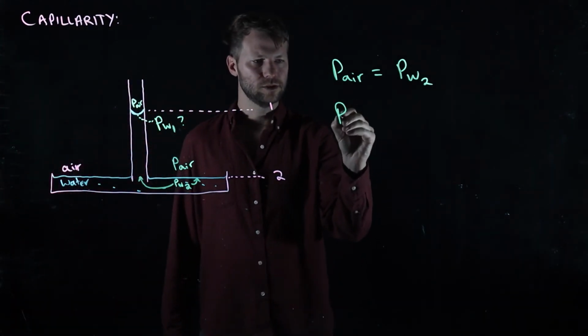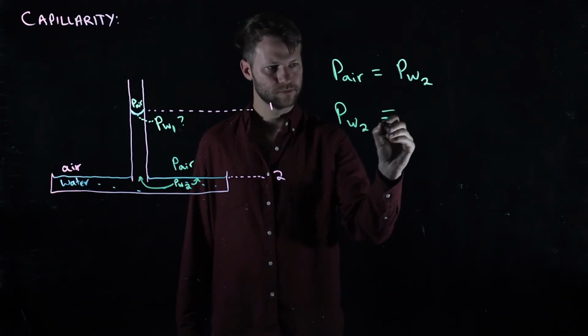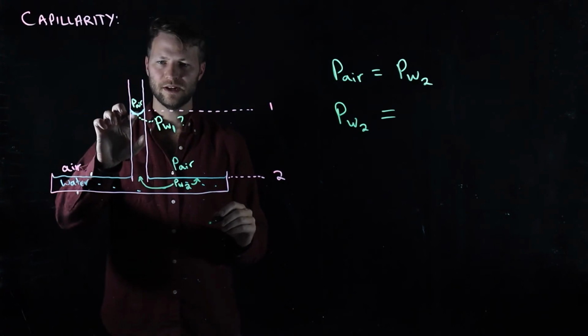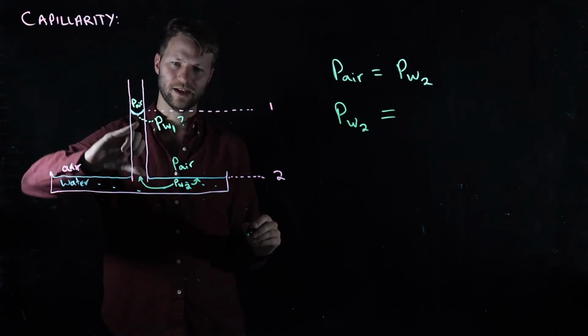So PW2 is going to be equal to whatever the pressure is up here plus the weight, the pressure caused by the weight of this water column.